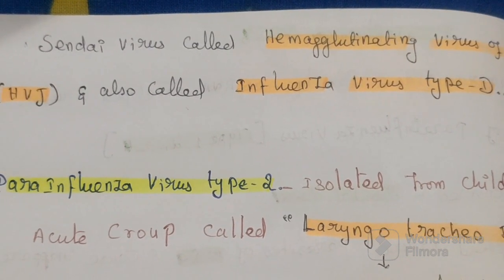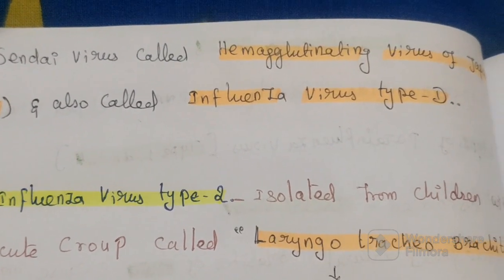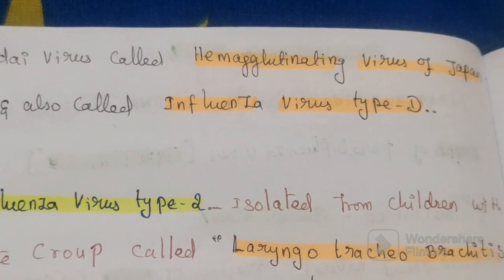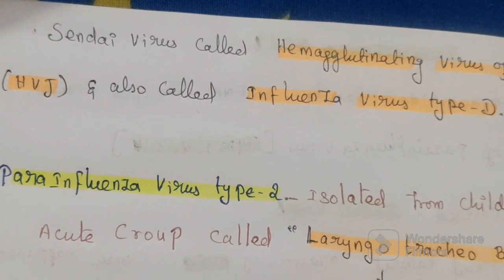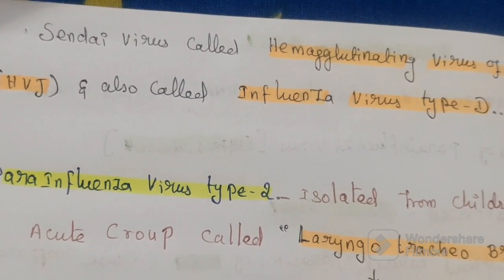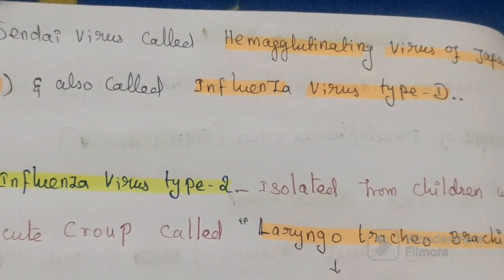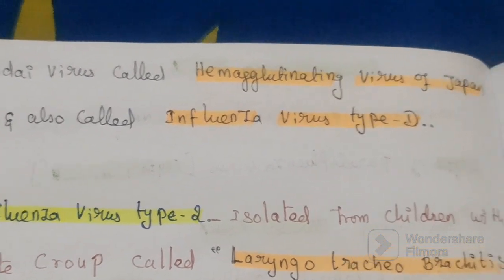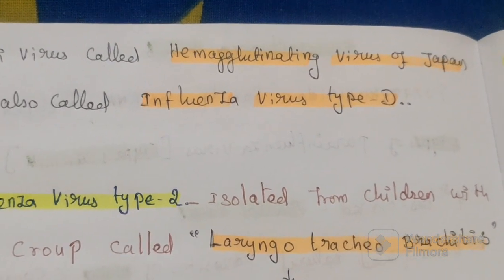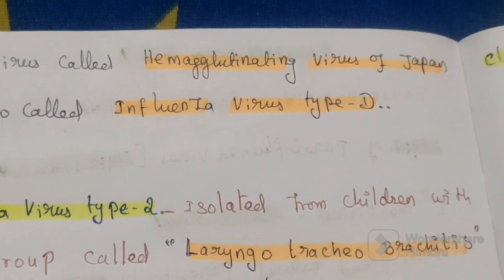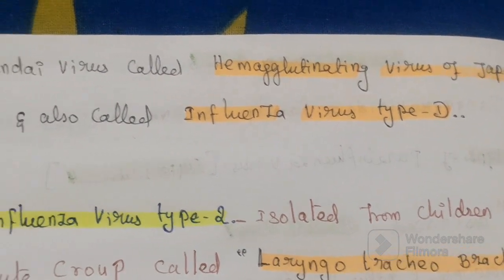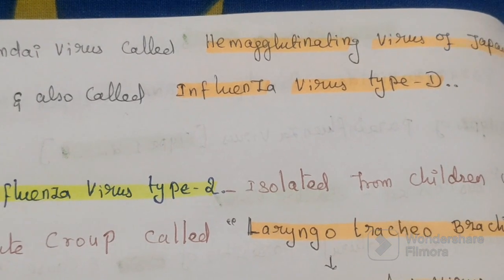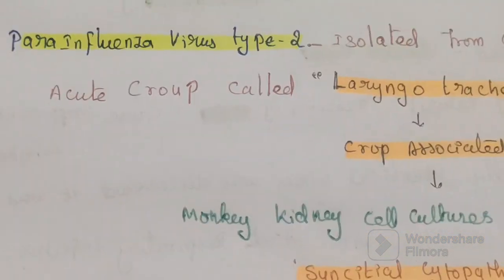That's why this Sendai virus is called hemagglutinating virus of Japan, HVJ, and also it is called influenza virus type D.